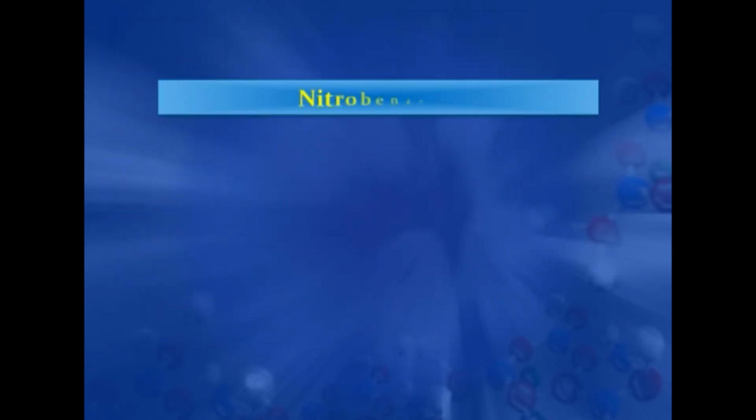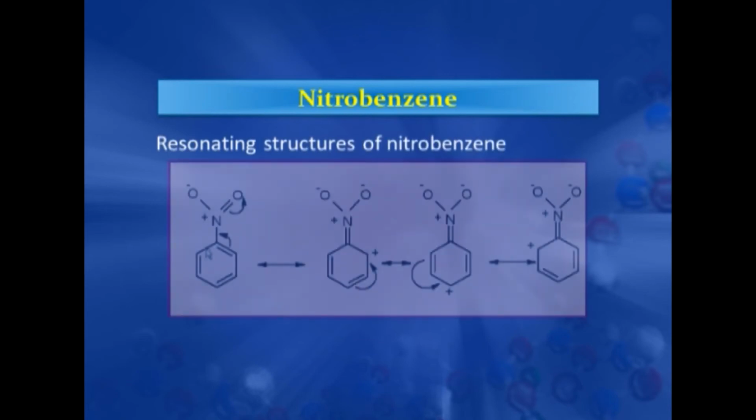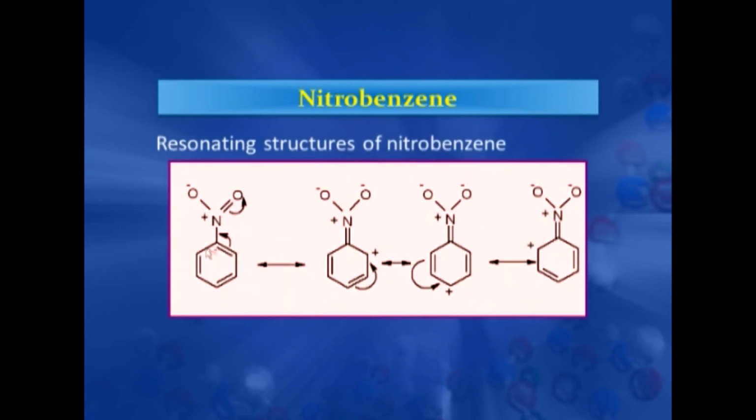Now, the next case is nitrobenzene. Here the nitro group is attached to the benzene ring. If we see the resonating structures of nitrobenzene, we see this nitro group withdraws electrons from the benzene ring, due to which a positive charge comes on ortho and para positions. So, the nitro group is electron withdrawing, it decreases the reactivity of the benzene ring towards electrophilic substitution reactions, and positive charge is coming on ortho and para.